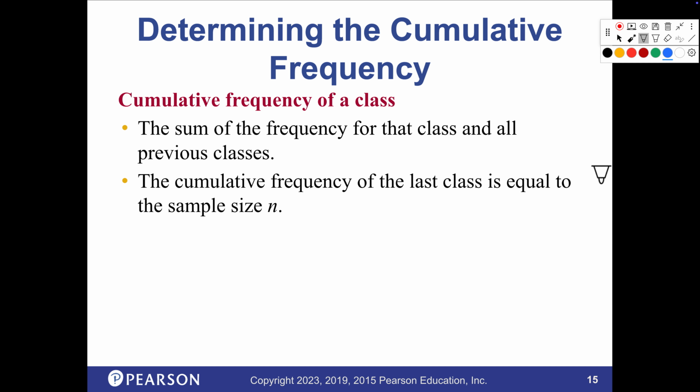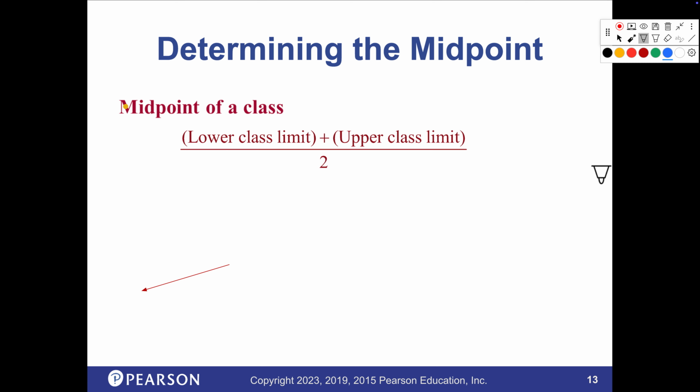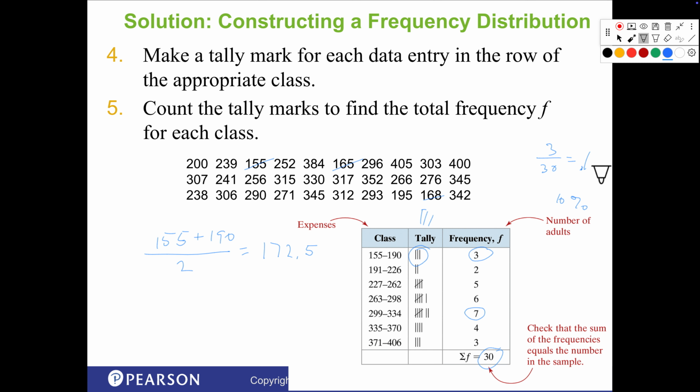Oh, one more thing. Sometimes we'd like to, especially if things are put in an order, graded or ranked, we'd like to know the cumulative total. So we start adding it. What we would do for the cumulative amounts is the first one would be 3. The next one would be 2 plus 3 is 5.